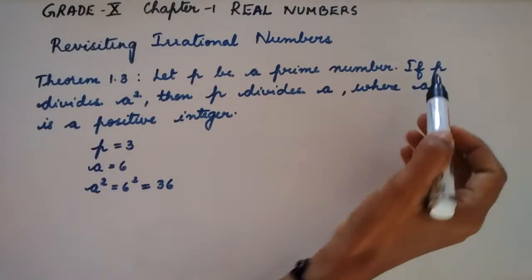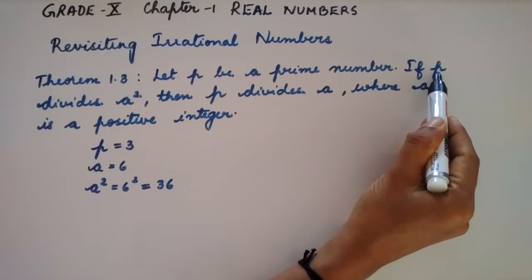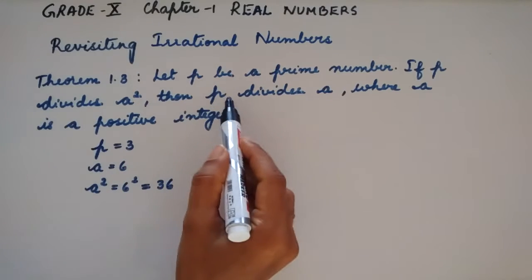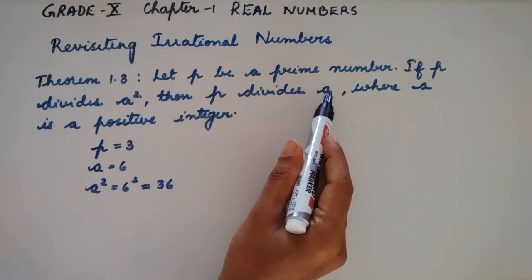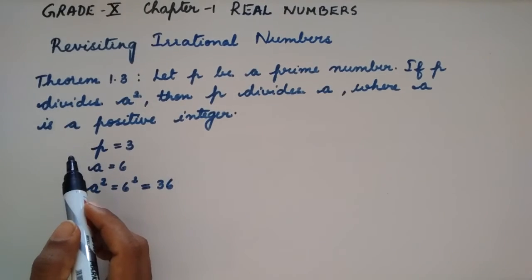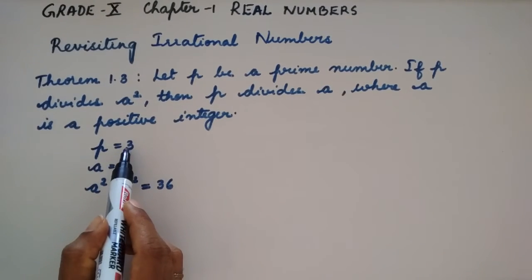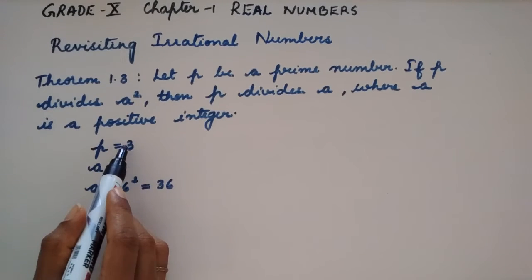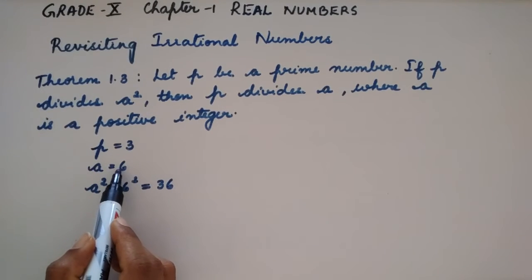It is given, if p divides a square, then p divides a. That is, if 3 divides 36, then 3 divides 6 also.